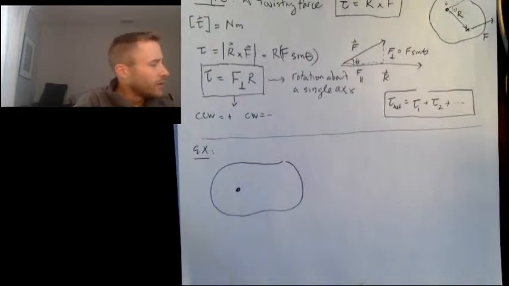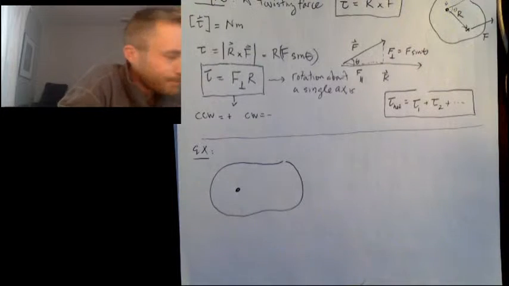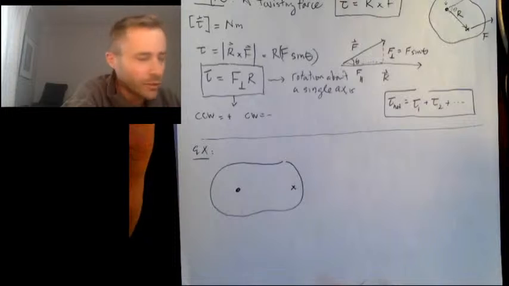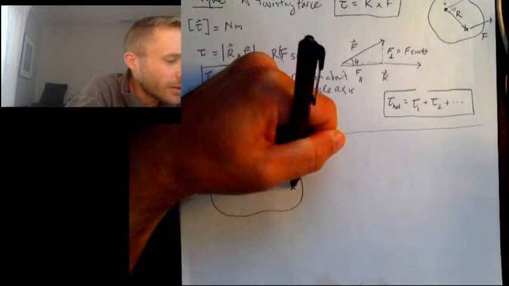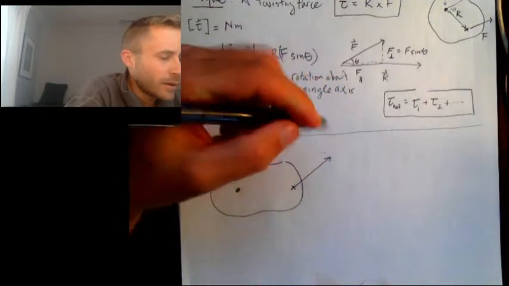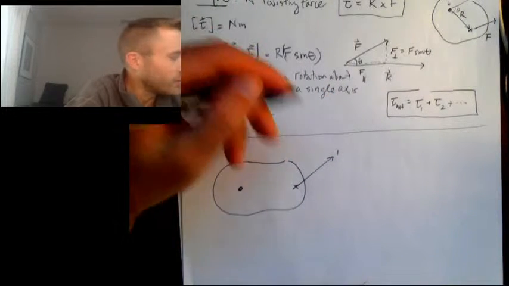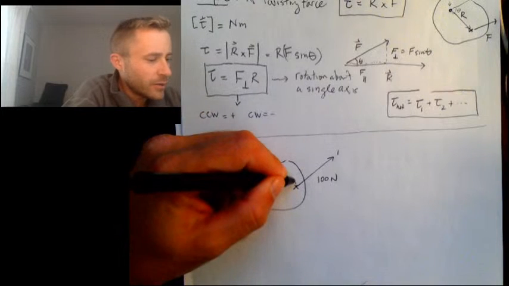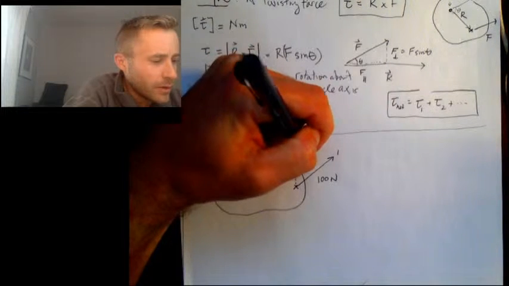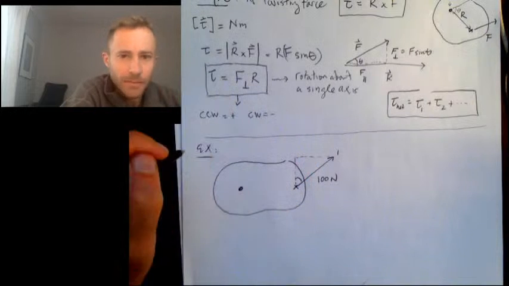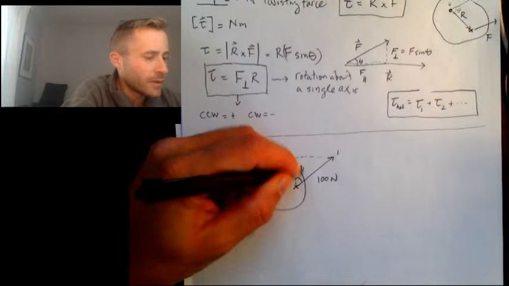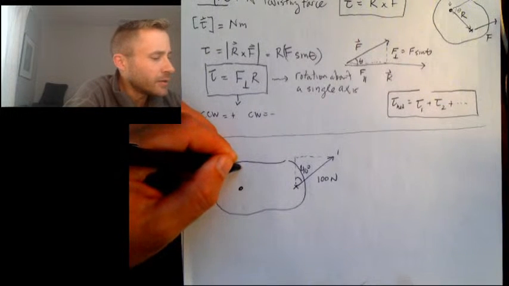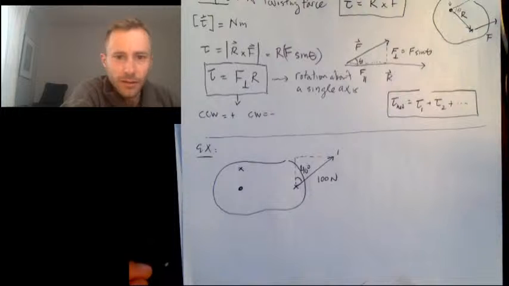All right. So I have a blob here, and this blob has three forces acting on it. There's a force acting right here. This force, I'm going to call that force 1, has a size of 100 newtons. And the angle shown, this angle right here, is 40 degrees. All right? There is a second force acting right here.